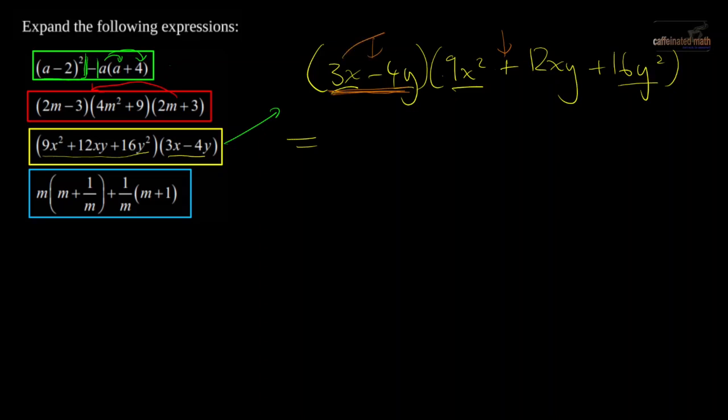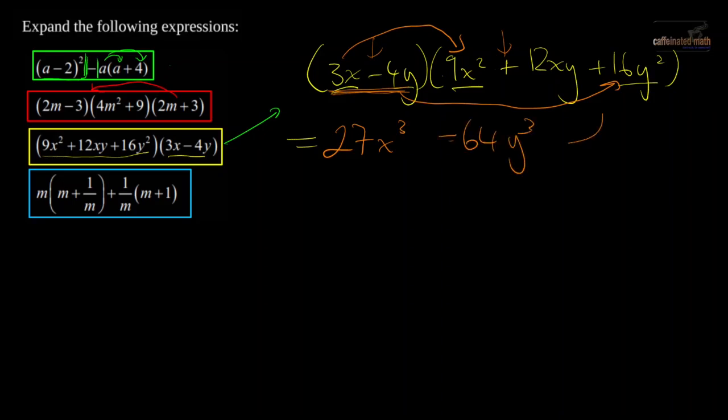Therefore, I know I only need to do that multiplication and that multiplication, which means my final answer is going to be 27x cubed minus 64y cubed. Feel free to factorize in that direction to do a double check, but that is an efficient way to save time by understanding the patterns that arise from certain products.